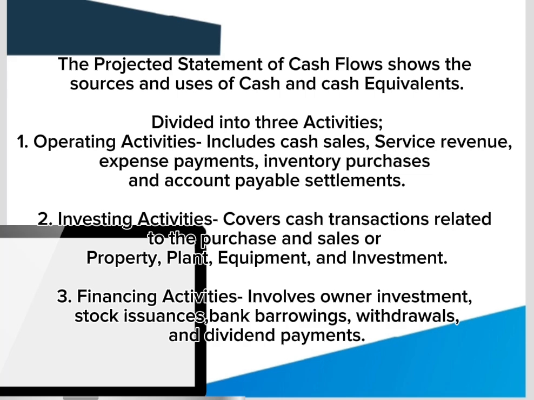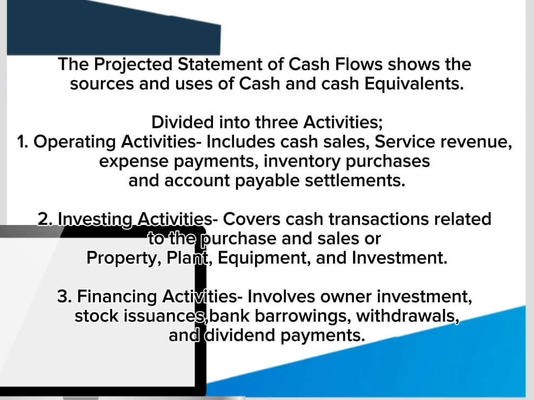Operating activities include cash sales, service revenues, expense payments, inventory purchases, and accounts payable settlements. Next is investing activities, which cover cash transactions related to purchases and sales of property, plant, equipment, and investments. Investing activities are cash used for or received from investment in long-term assets.